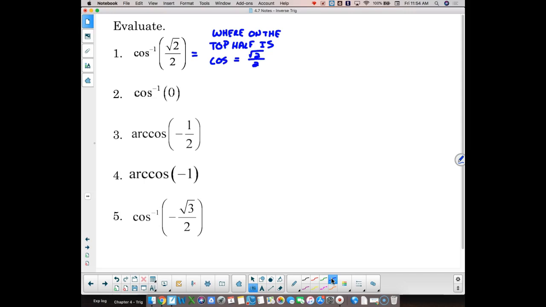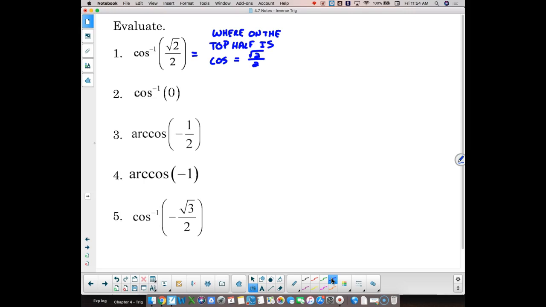I'm looking for, on the top half of the unit circle, I'm basically, in my brain, drawing a line across my unit circle, or using another sheet of paper to cover up the bottom half of the unit circle. So up top, unit circle, where is cosine? Cosine is x or y? X. Where is the x value square root 2 over 2?